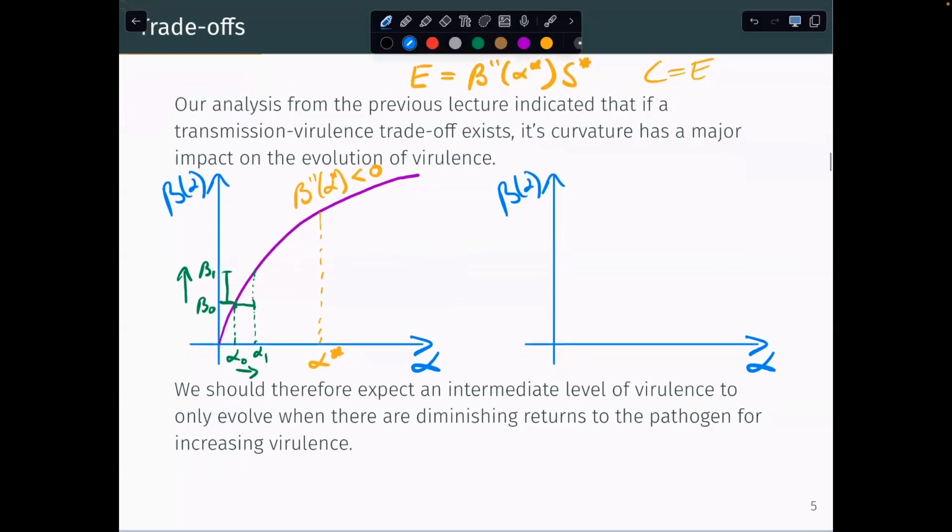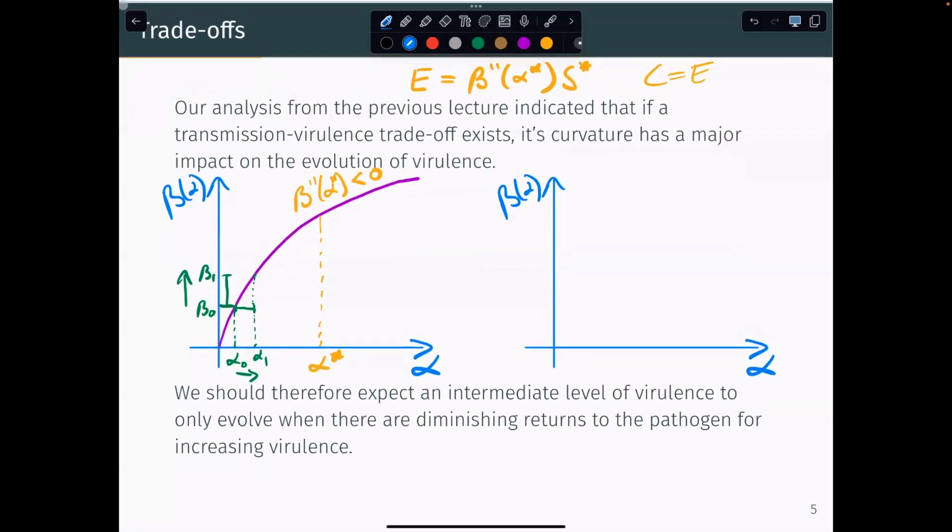So just to make it clear why virulence is a cost, our R naught, if you remember, looks something like this: beta of alpha times S star, technically S at the disease-free equilibrium, over alpha plus d, and plus gamma if you have that there as well. So from the pathogen's perspective, it wants this R naught to be as big as it can, right?